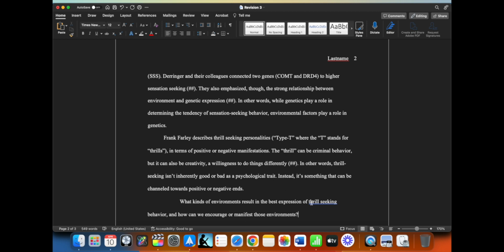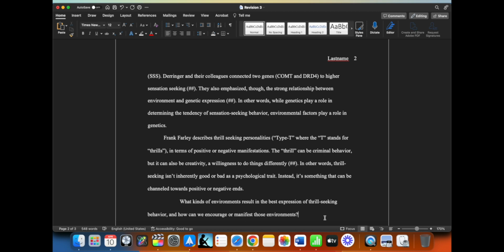Okay, so this is a terrible sentence, which we want to revise. But this is essentially the question I'm going to seek to answer, right? What kind of environments result in the best expression of thrill-seeking behavior, and how can we encourage or manifest those environments? And I say seek to answer. I'm not going to actively try and answer this here because it's beyond the scope of this paper, right?